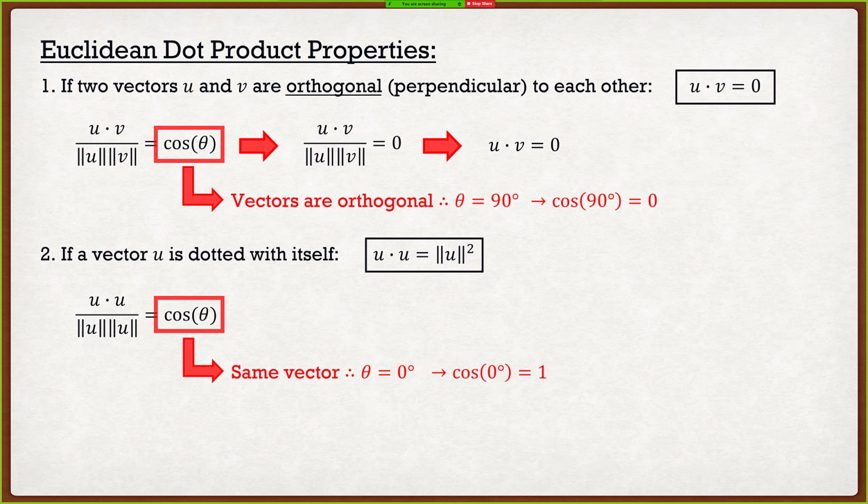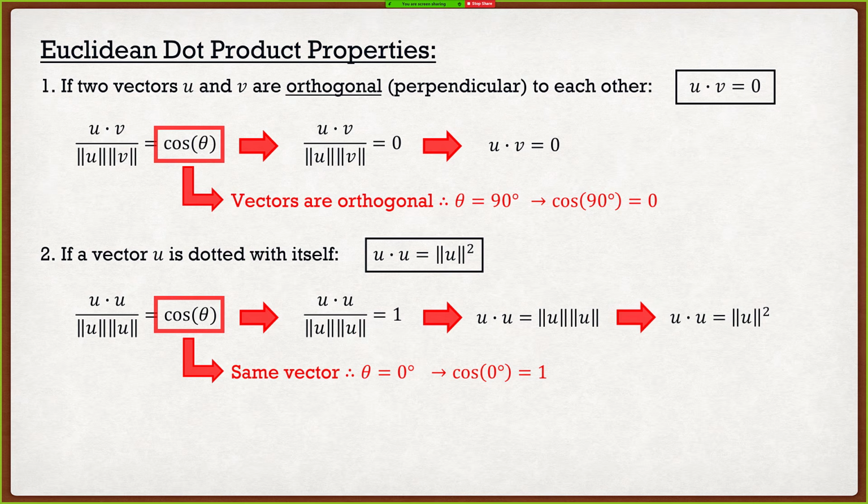Therefore, cosine of 0 is equal to 1. We have u dot u divided by the magnitudes equal to 1. Move it to the other side. We have u dot u is equal to the magnitude of u multiplied by the magnitude of u. Well, that's just the norm of u, or the magnitude of u squared. So these are two nice little fun properties, but something you guys shouldn't have to memorize. They're fairly self-explanatory once you get into the math of it.